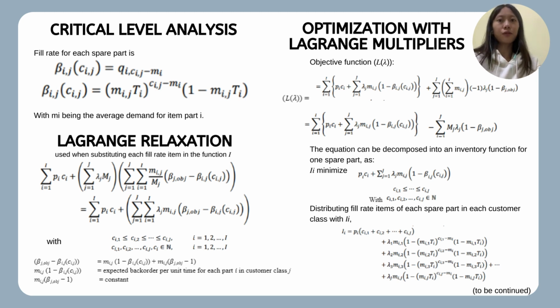So here we have the objective function stated in the slide, and the equation can be decomposed into an inventory function for one spare part, minimizing the objective function, and by that distributing the fill rate items of each spare part in each customer class, as stated on the slide, and to be continued on the next slide.